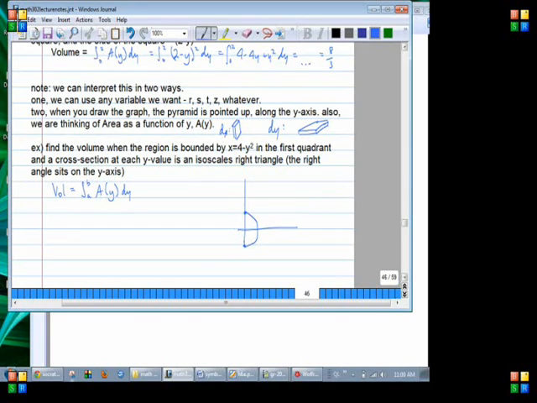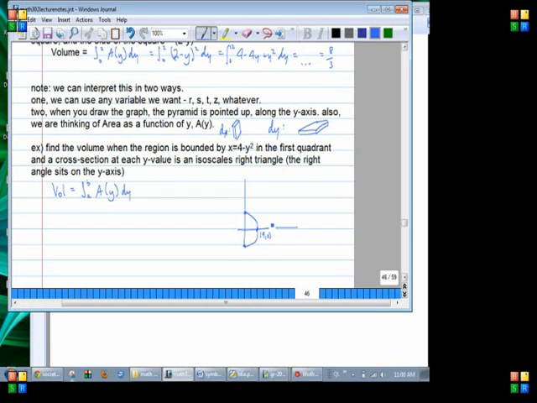And it sits right there. So one way to see this is that when y is 0, x is 4. And when x is 0, y could be either 2 or negative 2.